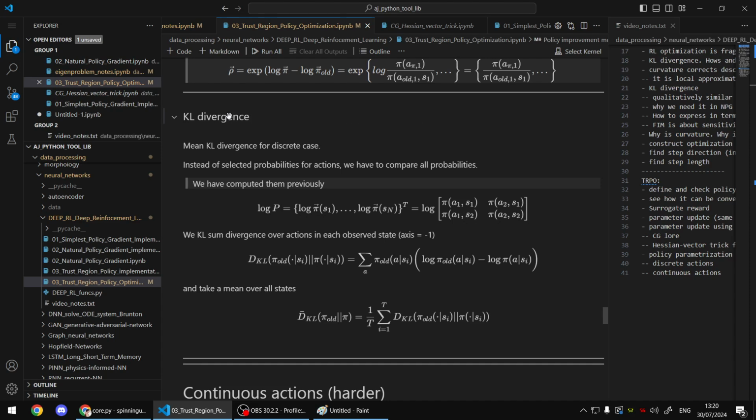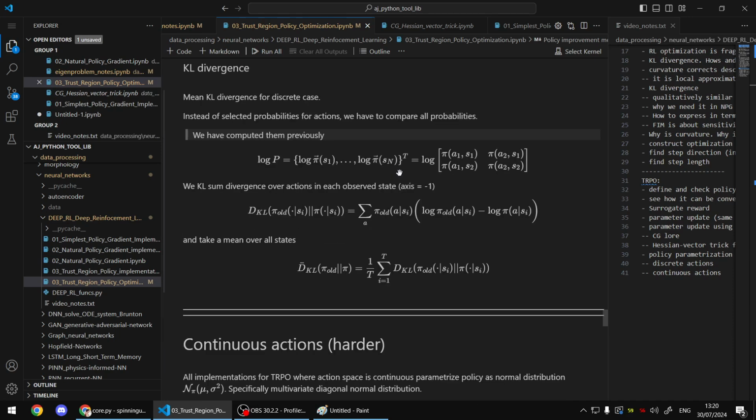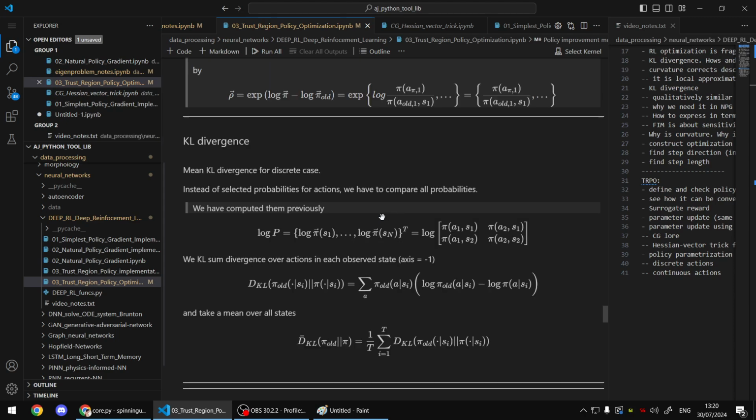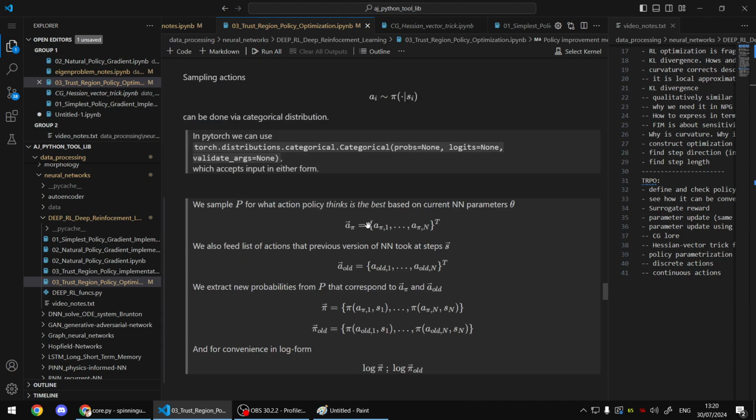And then when we reach KL divergence, for discrete actions, there's just an expression for discrete probabilities. It's also called, what was it called?